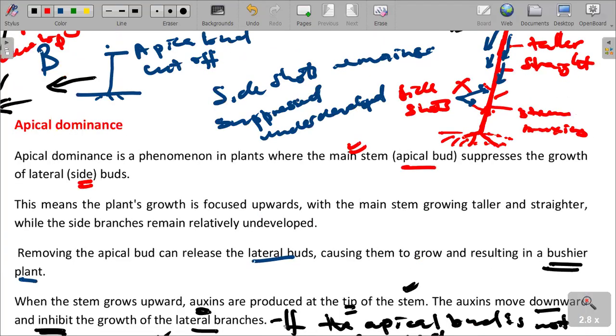Please refer again to previous presentations, previous videos, in which geotropism and phototropism are explained with regard to plant growth and plant response to the environment.